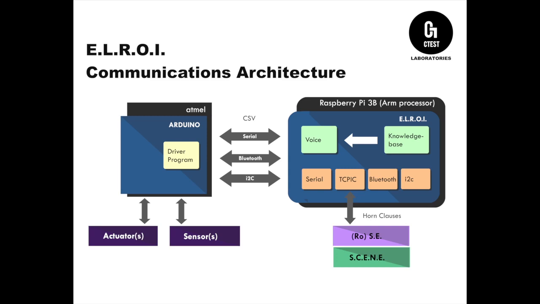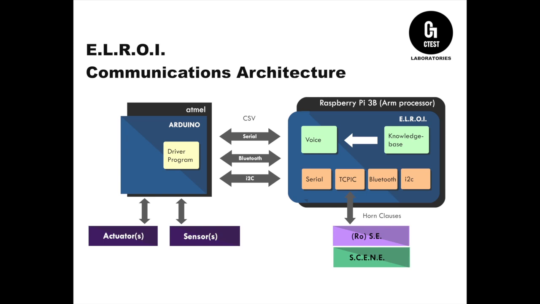And let me just say that I have CSV here because at the end of the day, the Arduino doesn't understand descriptive logics natively, so we have to quickly convert that to something. CSV is kind of like an intermediate language that we use to pass things around on Arduino.